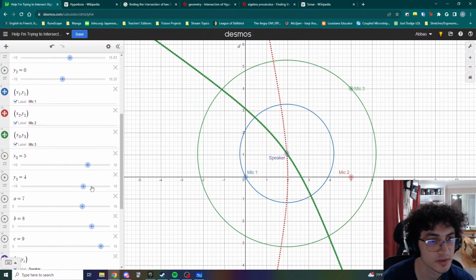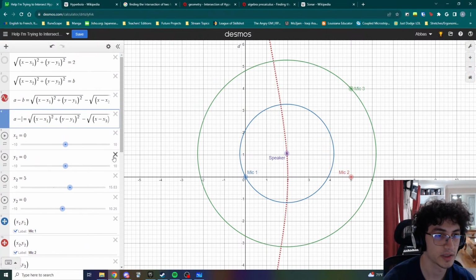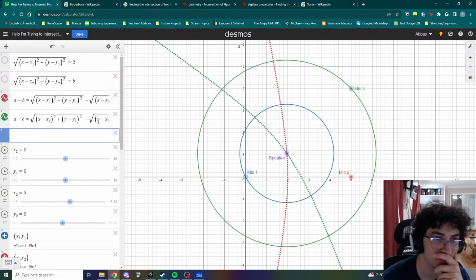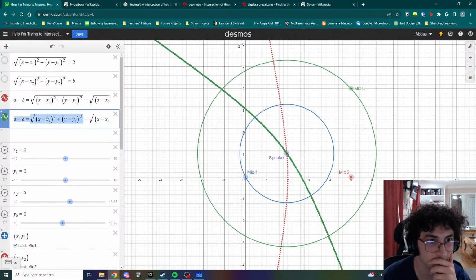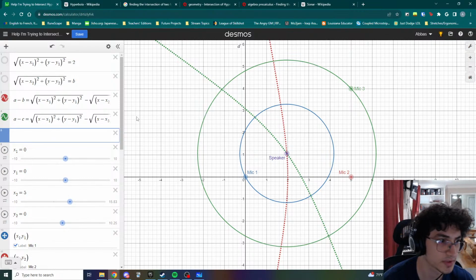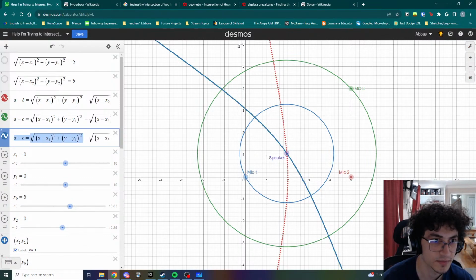Also, I should change this to A minus C again. It should still be A minus C. Okay, for completeness' sake, let's draw the last hyperbola. And in theory, the last hyperbola should also have the same solution.